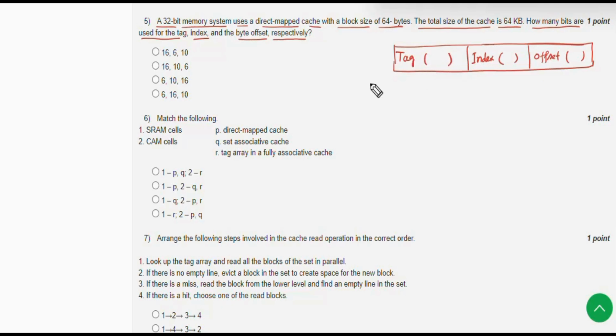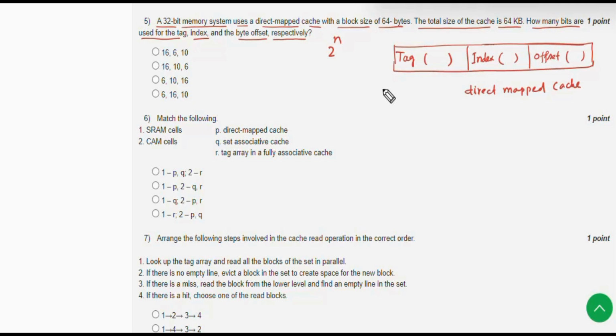This is a figure of a direct mapped cache. In the case of a direct mapped cache, we index the tag and data array bits using the n least significant bits of the block address, where 2 to the power n is equal to the number of entries in the array.